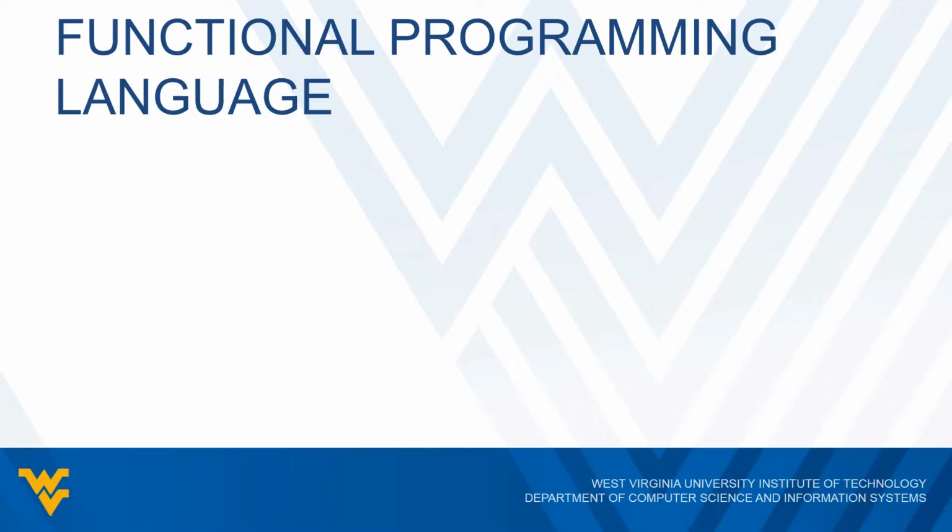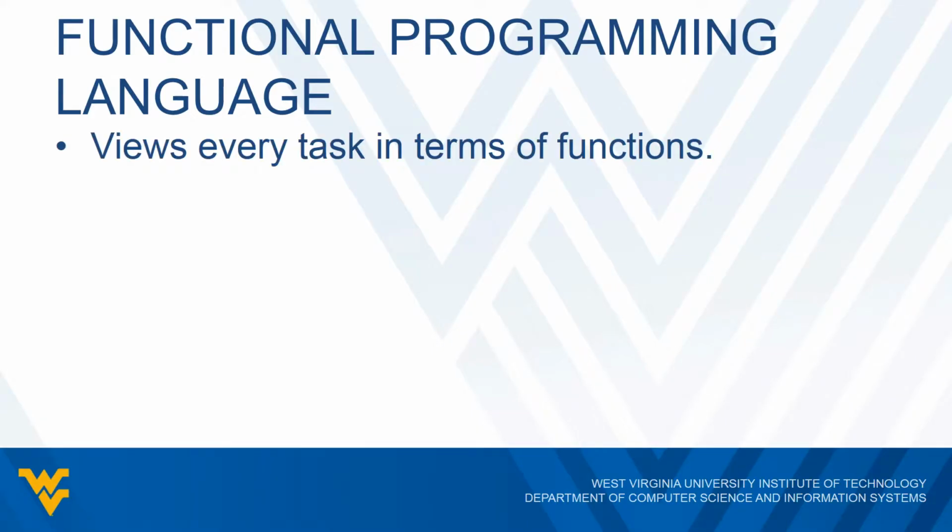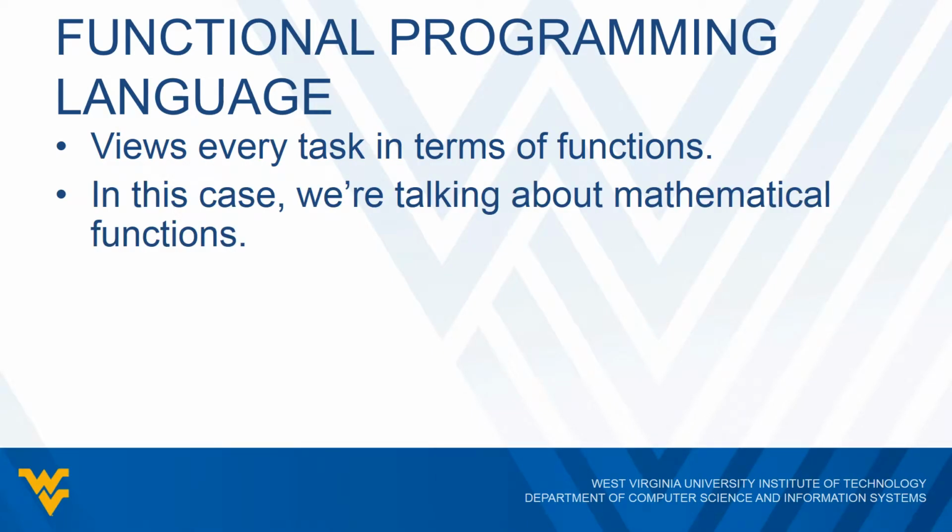A functional programming language views every task in terms of functions. Surprise, surprise, right? That's why it's called a functional language. But unlike the more general usage of the word function in some procedural programming languages, the term function in this case is more along the lines of mathematical functions. So we're taking in some kind of argument and we're doing something with it to compute a single value.